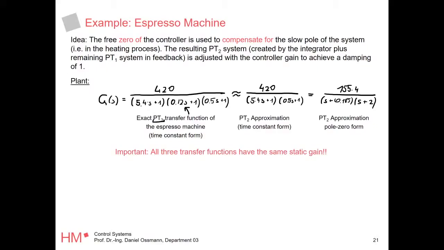Otherwise, you're basically changing your static response. We only want to take out that eigendynamics, and I will show you in MATLAB how it looks, and it basically looks the same. But if you change the static gain, then you're actually changing the gain of your system, and you should not do that, because then you will have a different controller gain, and you will have basically a wrong model you design a controller for. When you have designed your controller, you need to plug it into the actual model, into the hardware, which then looks different, and then you're screwed.